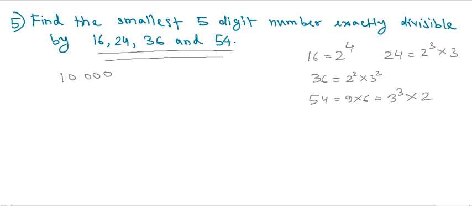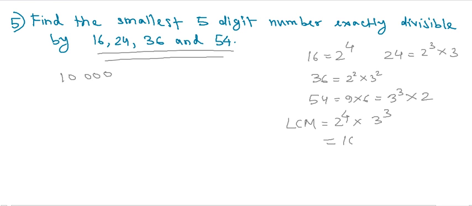So we will take LCM equals, highest power of 2 is 2 to the power 4. For 3 we have maximum power of 3 cube, so this will be the LCM.